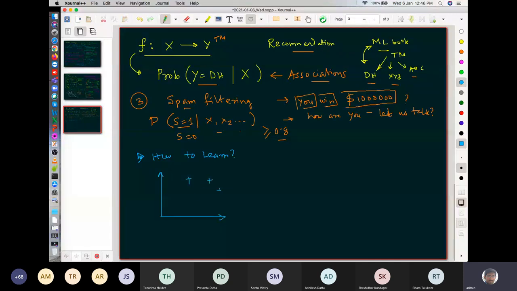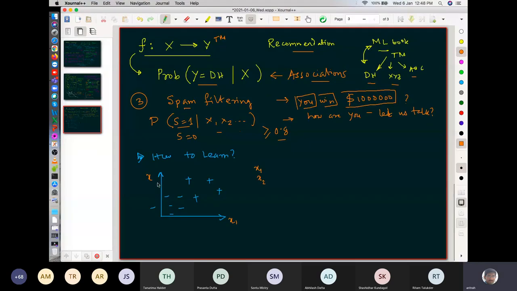Suppose we have this data. Now how to learn? You have certain attributes x1, x2, x3, but we are only doing two attributes, so let's forget about x3. Depending on those two attributes I want to classify.